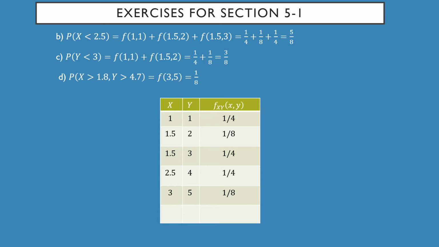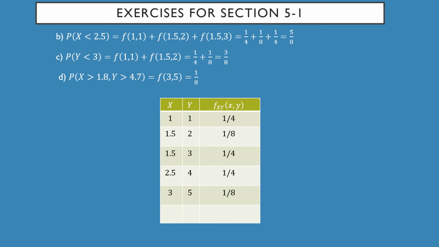For x less than 2.5, we have three values, 1, 1.5 and 1.5. Since there is no restriction on y, we can choose 1, 2 and 3. That means for x equal to 1, y equal to 1, for x equal to 1.5, y equal to 2, and for x equal to 1.5, y equal to 3.